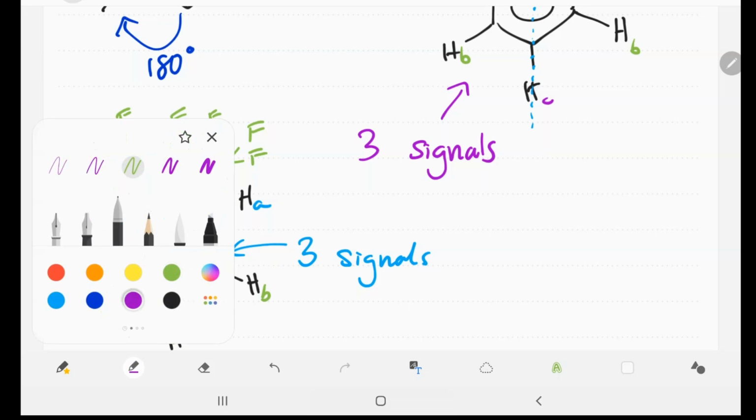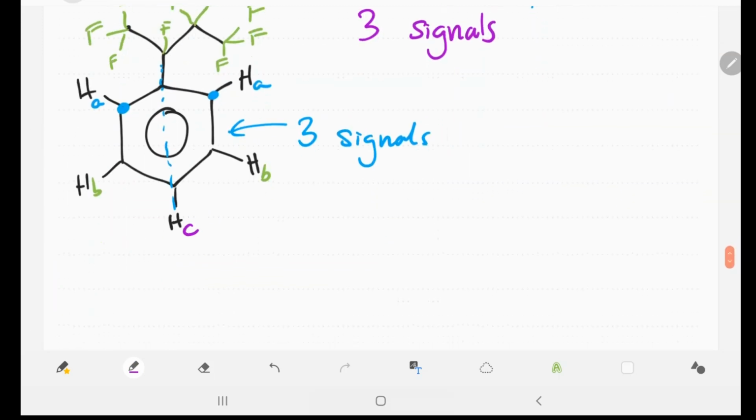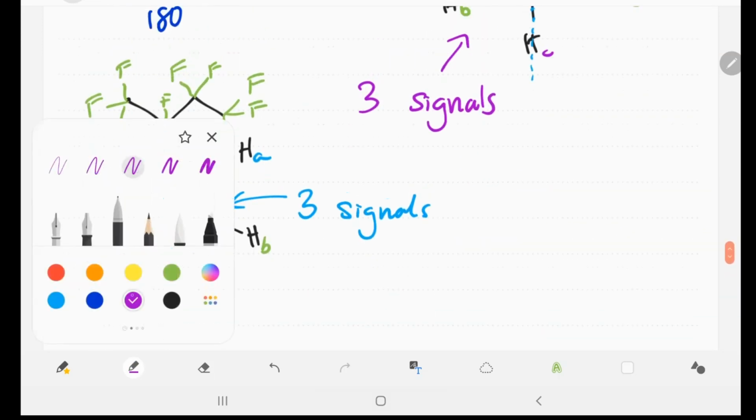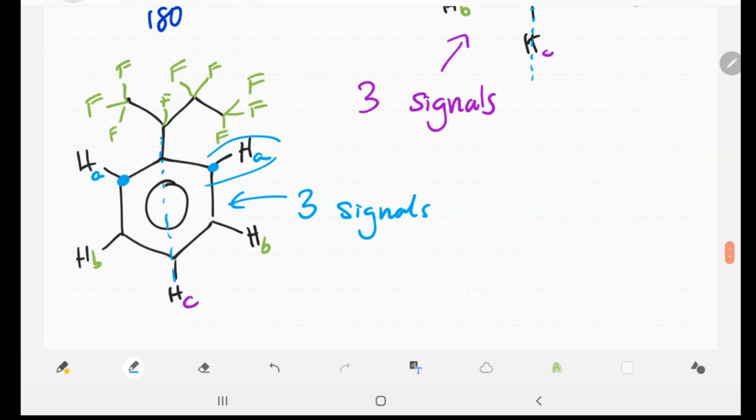look at what's around your hydrogen. If we're looking at HA, this HA feels the effects of basically things 1 carbon away. So it feels the carbon to the sec butyl with all the fluorines.